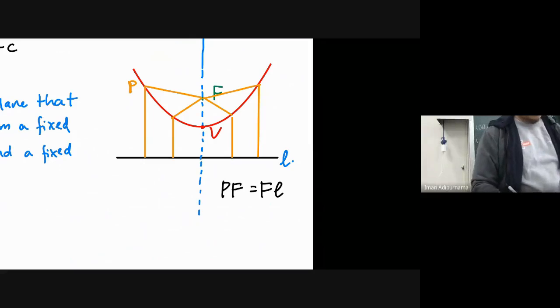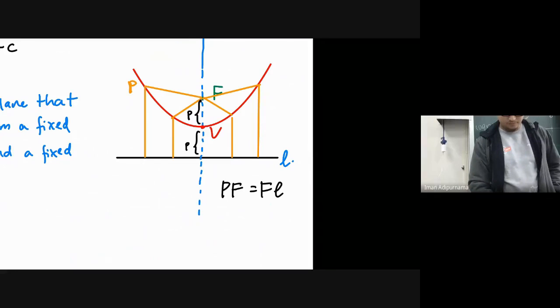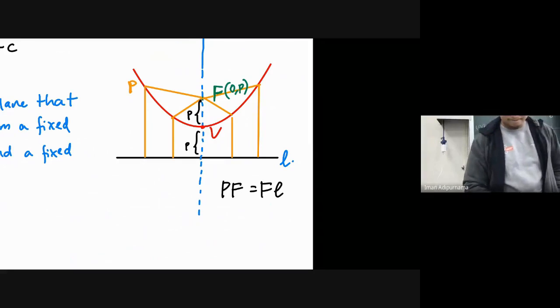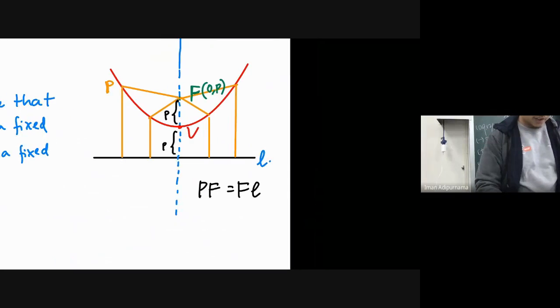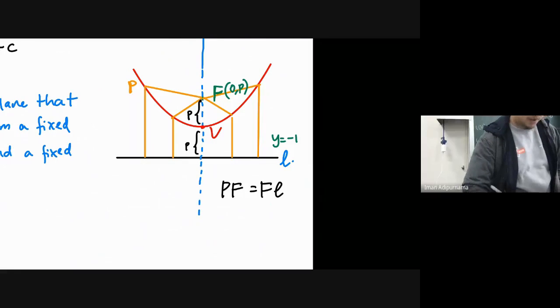Okay. Now, let's say this is small p, and this is also small p. If we write the focus as (0, p), then the directrix L is y equals minus p.